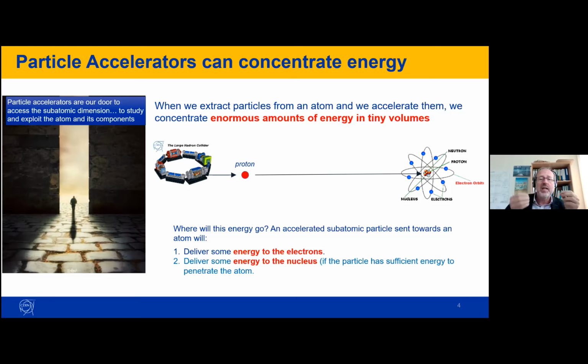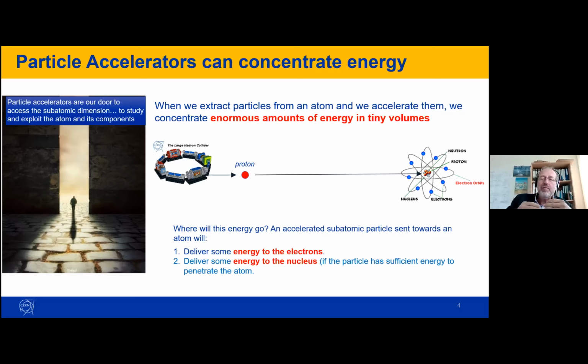Why? Because, for example, let's assume that we accelerate a proton in an accelerator. This proton is sent to a target, to some material, and smashes on the atoms of the material. What happens? First of all, it will flow through the cloud of electrons that is around the nucleus, and we give energy to the electrons.